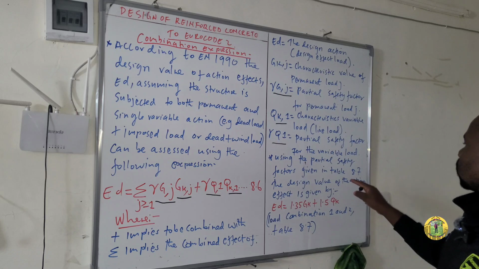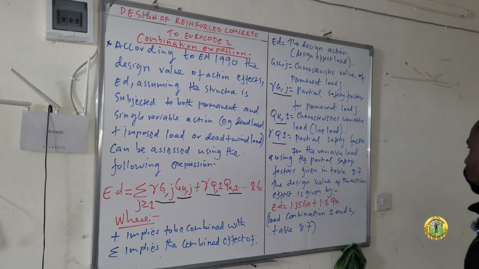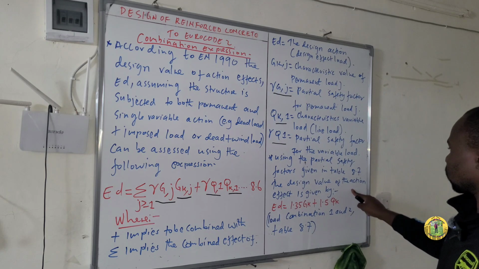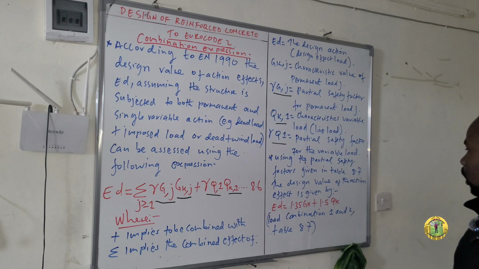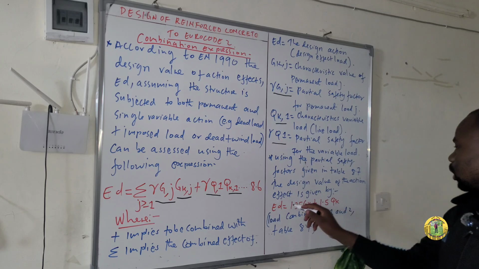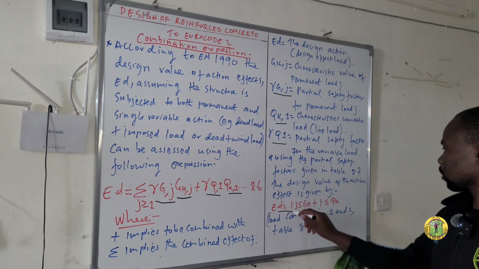So using the partial safety factor given in table 8.7, the design value of action effect is given by this formula.